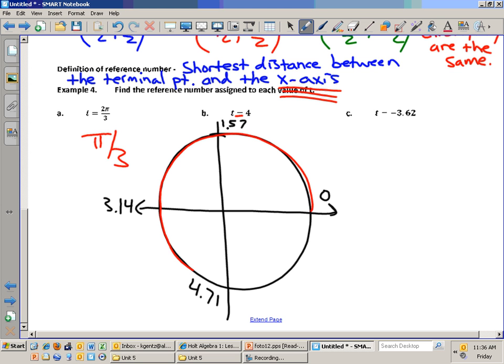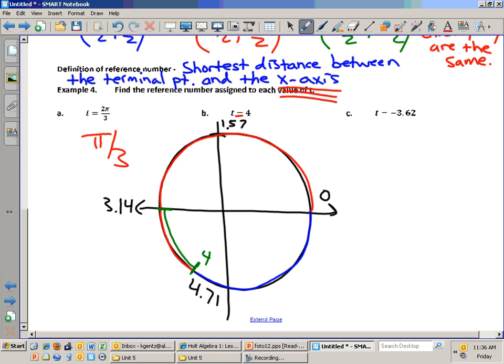Right there. Now, what length is shorter to the x-axis, the red or the blue? The red is shorter to the x-axis. It will account for this length right here. So that length is going to be the difference between 4 and 3.14.